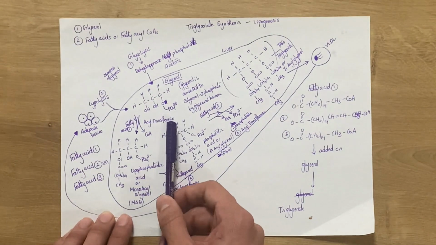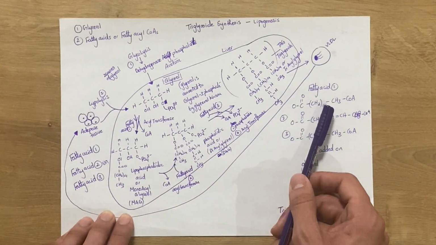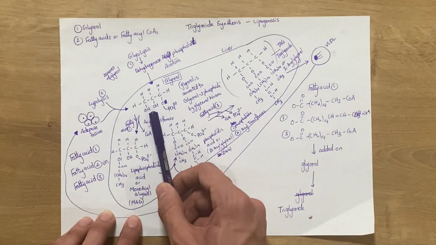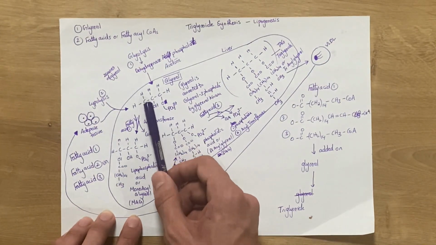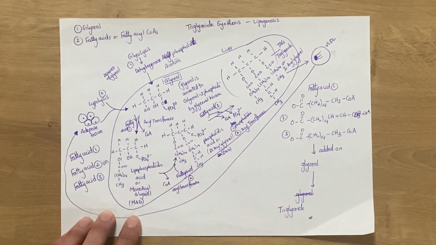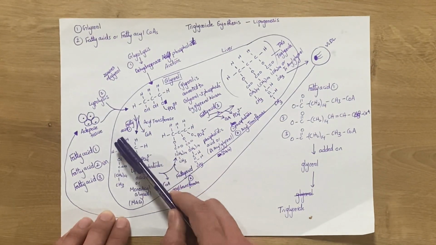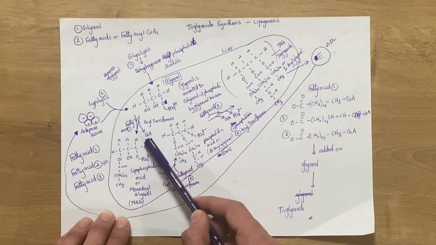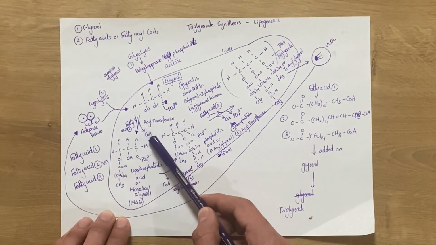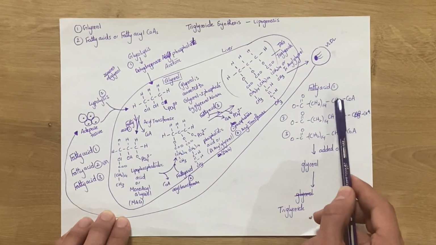Here the first step is to transfer fatty acid number 1 onto glycerol carbon number 1, and we get this reaction here. The fatty acid is added and a CoA is released from the structure of the first fatty acid.